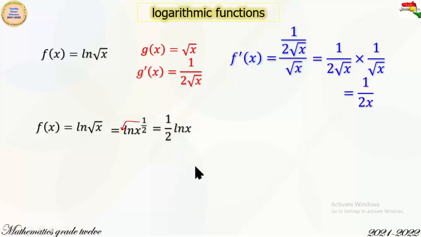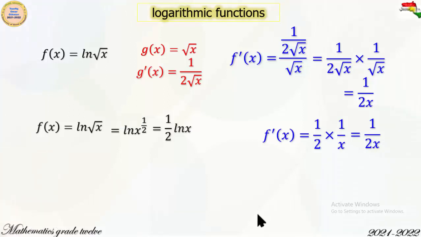And now take the derivative. F prime of x, write 1 over 2 because it is a constant, times the derivative of ln of x, which is 1 over x. Then numerator 1 times 1 is 1 and 2 times x is 2x. As you can see, it is the same answer.